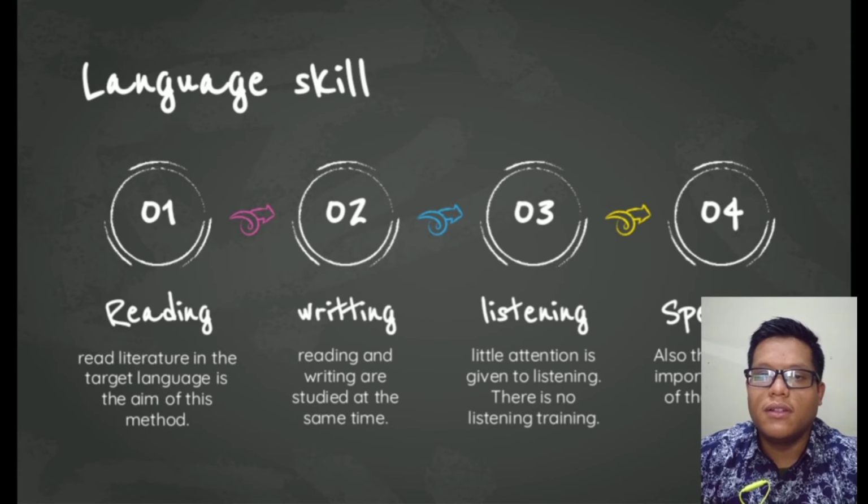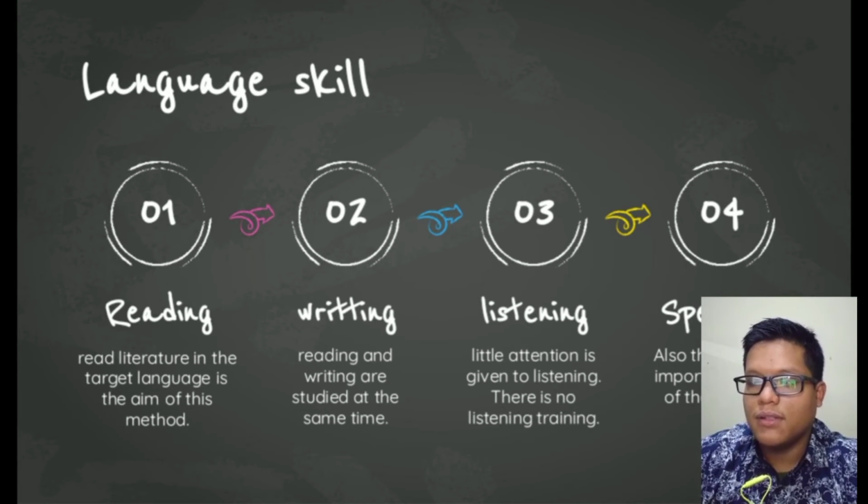It's not like that. We can also increase our reading skill and the following skills: writing, reading, listening, and speaking. And the second, for writing skill, reading and writing are studied at the same time.